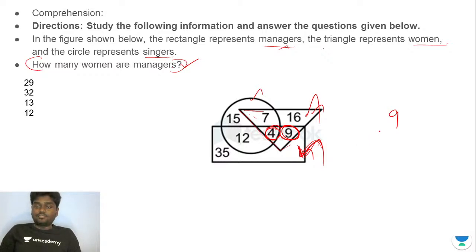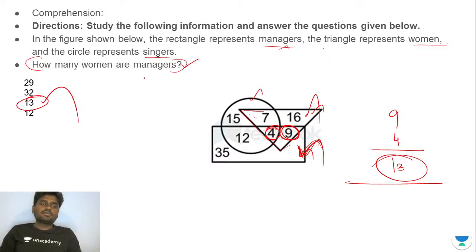You need to take these 4 women as well. Irrespective of them being singers as well, you simply need to see how many women are managers. So it is 9 plus 4, this will give you exactly 13. So the answer for this question is option 3. You have 13 women who are managers.